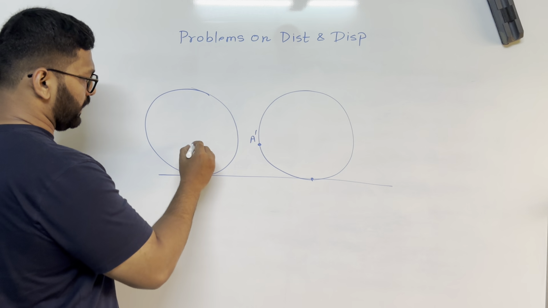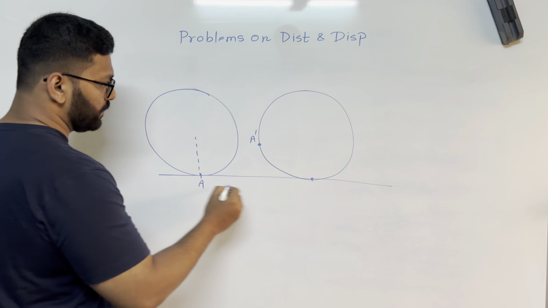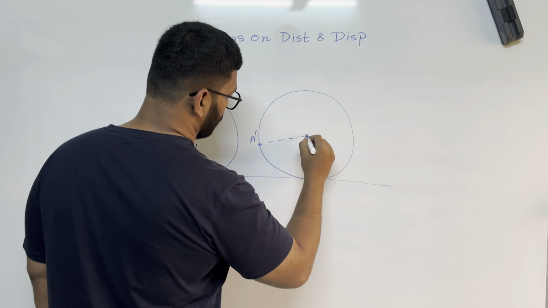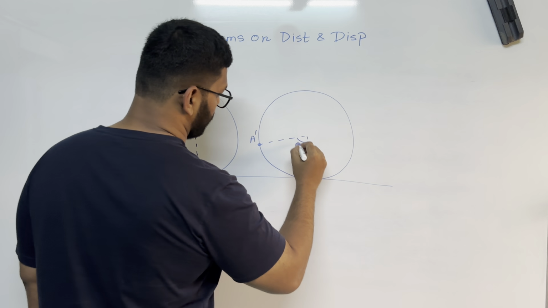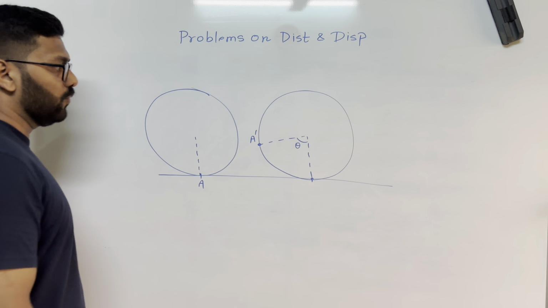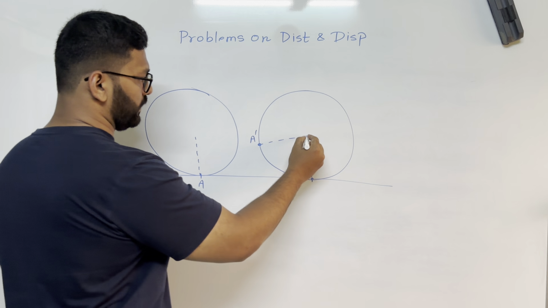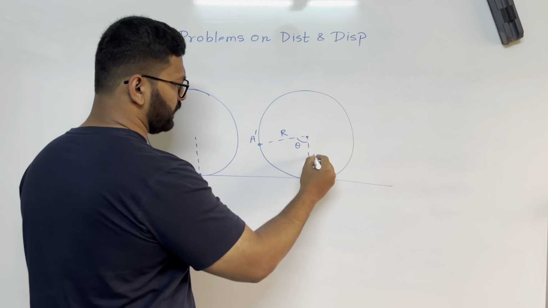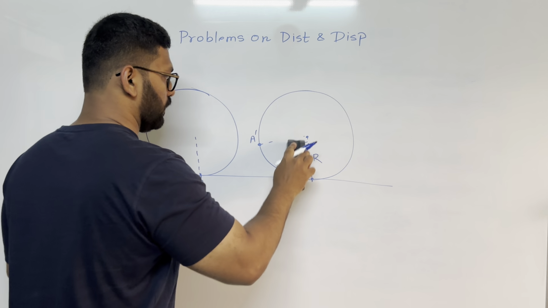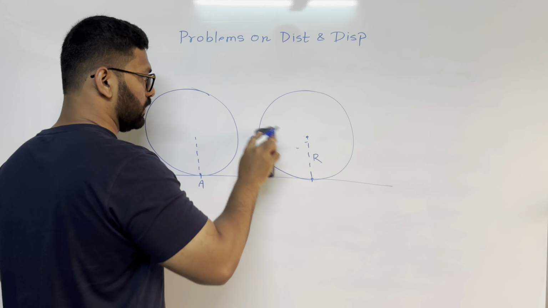In that, it has covered an angle theta, right? Let's say this is angle theta. Now, if this is angle theta, this is a radius, of course, r, and this is also radius r. Let me take it a little bit lower.